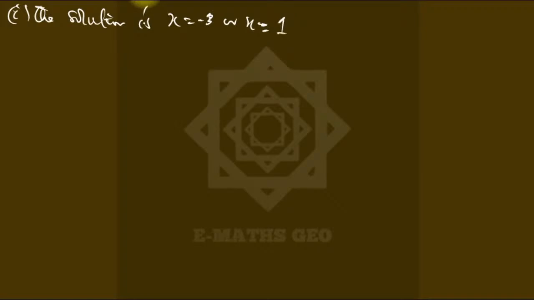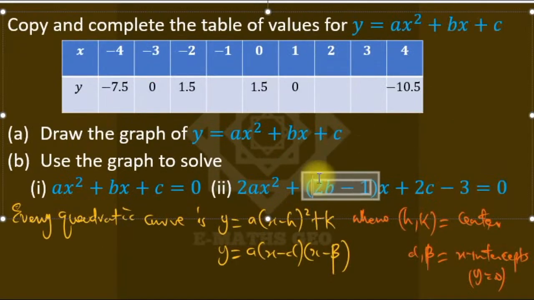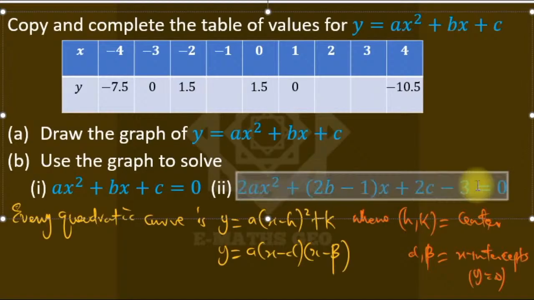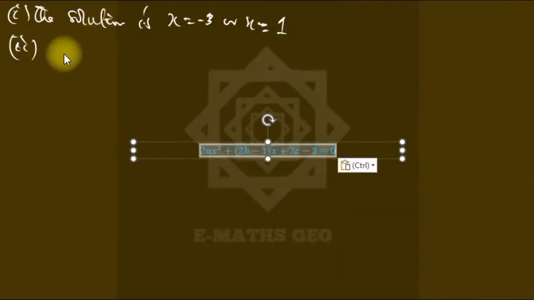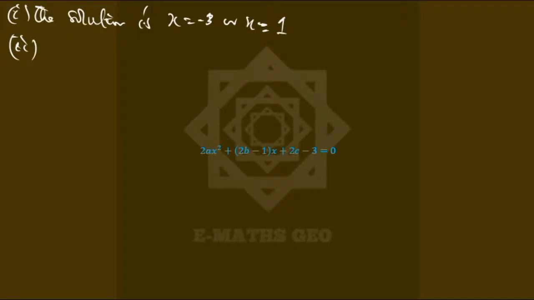So coming to the second one, that's where it's very tricky. They say use it to solve 2ax squared plus 2, that's bracket 2b minus 1 x plus 2c minus 3 equal to 0.